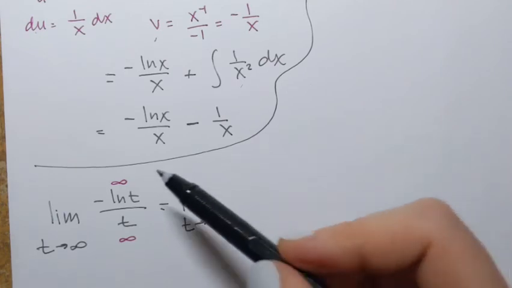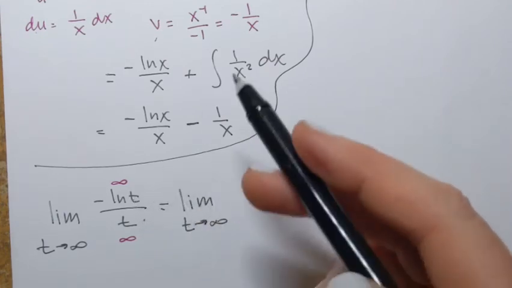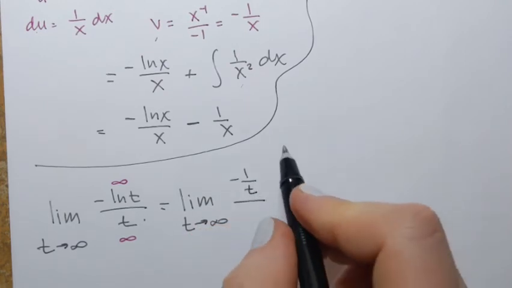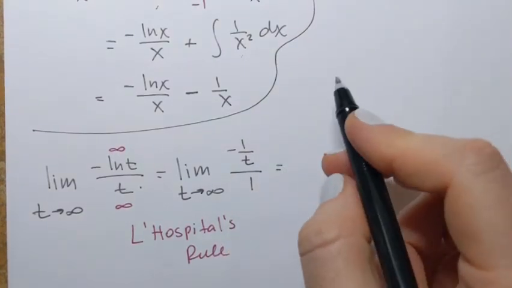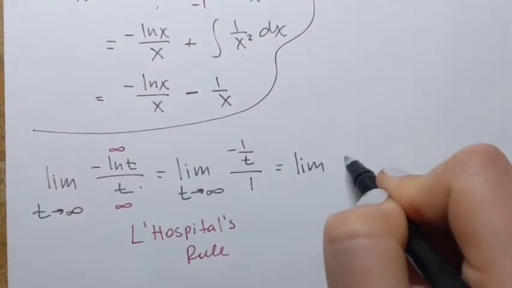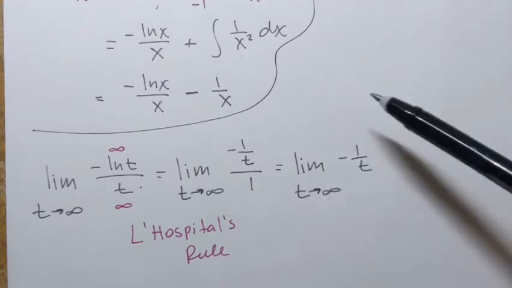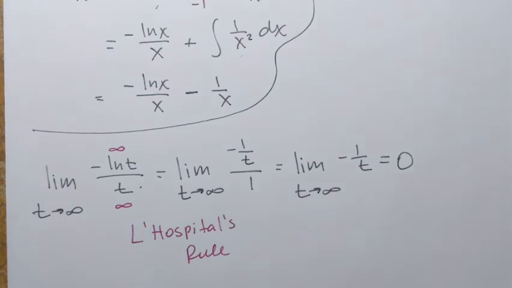We're going to take the derivative of the numerator and the derivative of the denominator. The derivative of the numerator is negative 1 over t. The derivative of the denominator is just 1. And that simplifies to the limit of negative 1 over t as t approaches infinity. And now we can see how this limit equals 0, right?